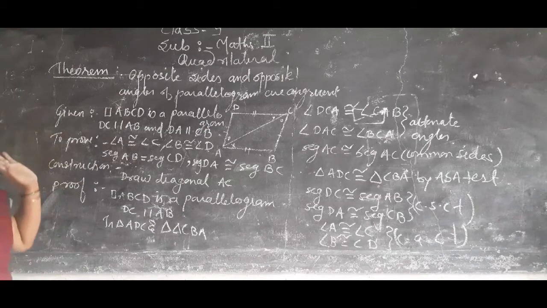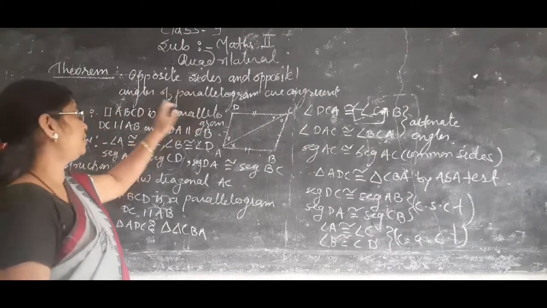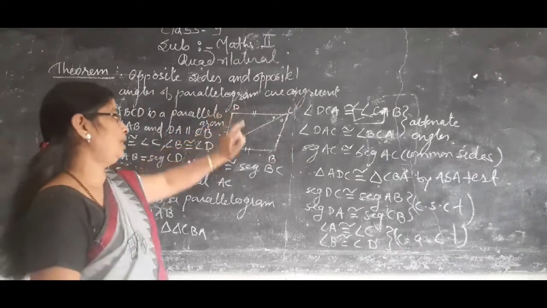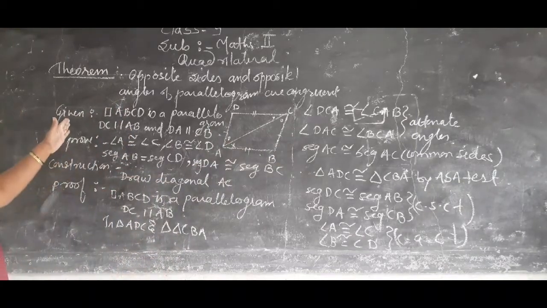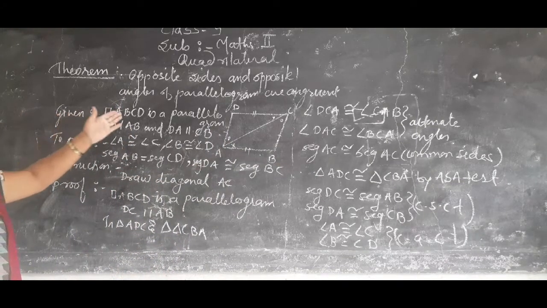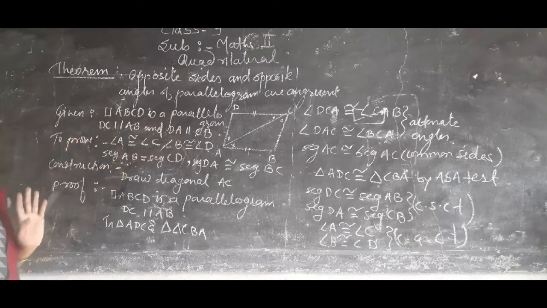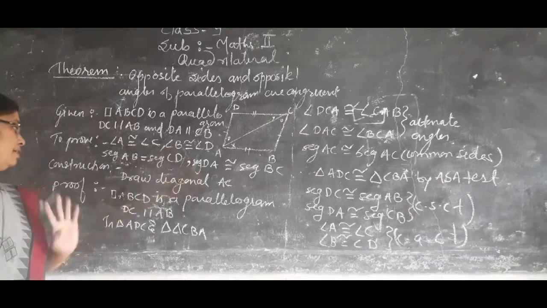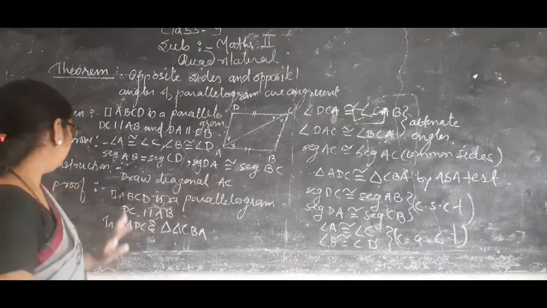Now see here, what is the statement? Opposite sides and opposite angles of a parallelogram are congruent. A parallelogram is given. You have to show that opposite sides and opposite angles are congruent. Let's start with the given. ABCD is a parallelogram, therefore opposite sides are parallel. You have to do the construction, draw diagonal AC.